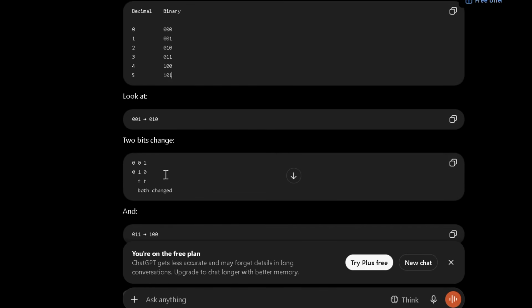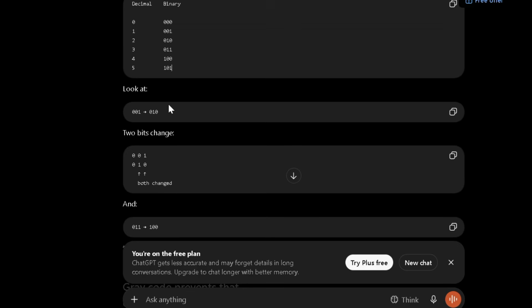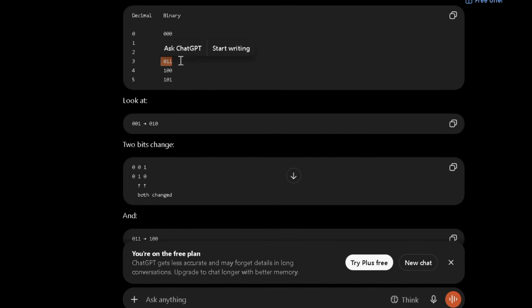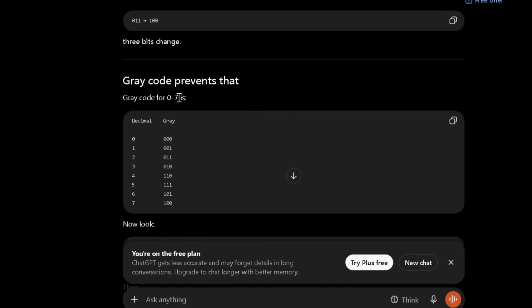And here 011 to 100, 3 bits change. 1 is converted to 0, 1 is converted to 0, 0 is converted to 1. Gray code for 0 to 7 is 000, 001, 011, 010, and so on.